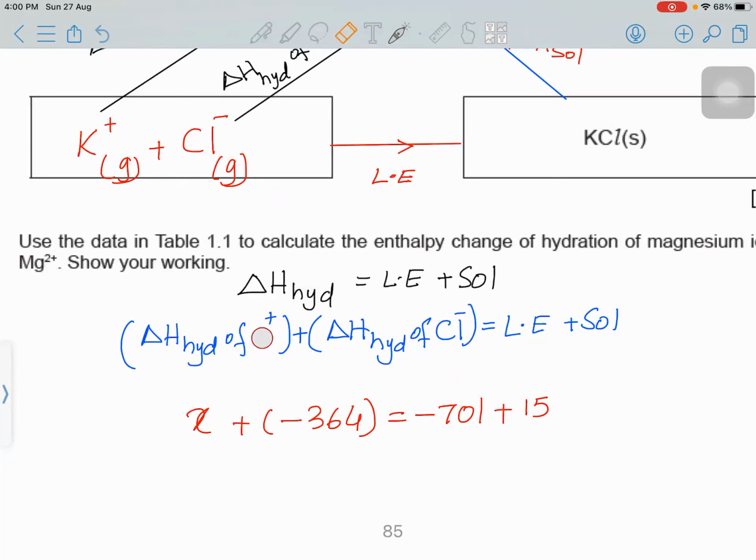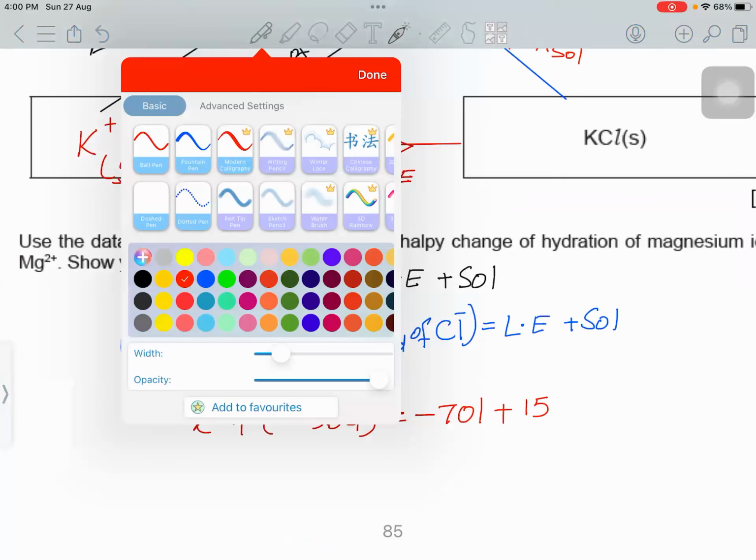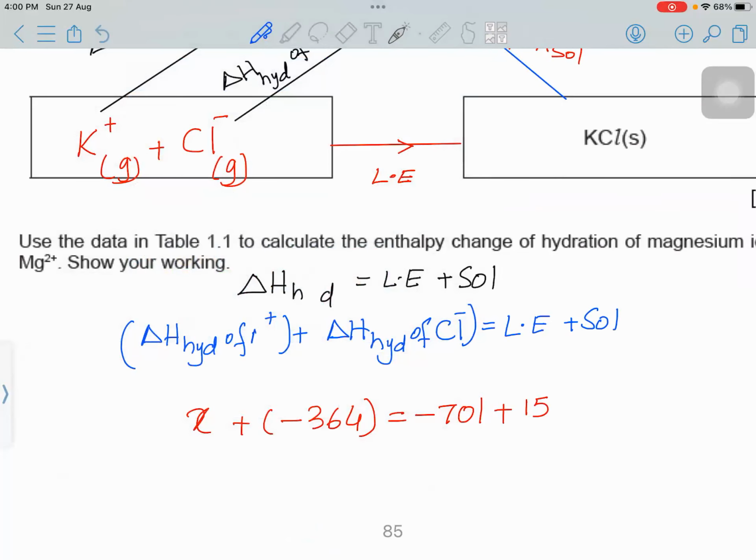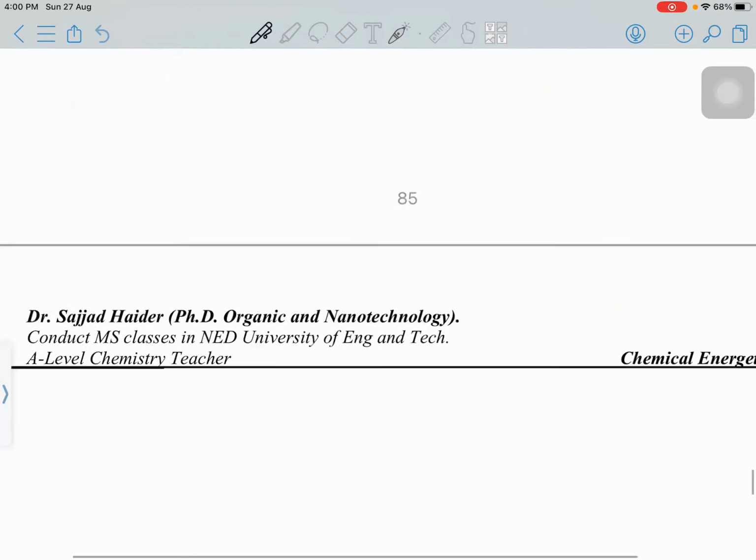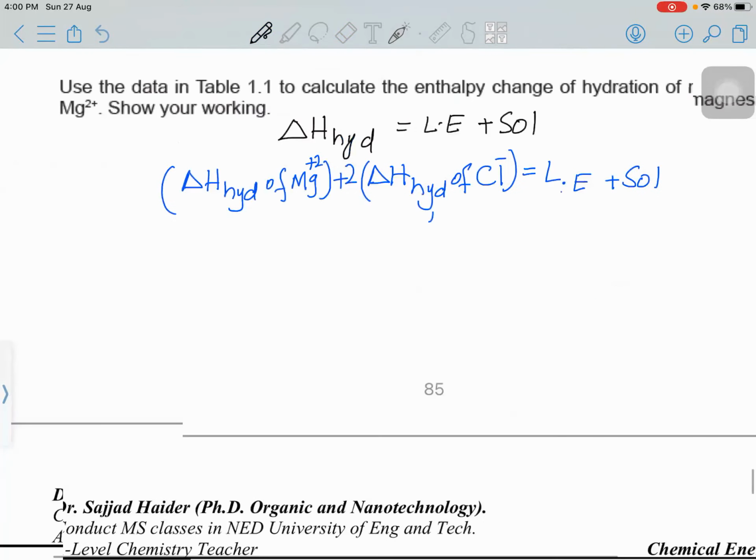So here we have magnesium plus 2 and 2 times the hydration of chlorine. Now tell me the value of hydration of magnesium. I think hydration of magnesium is required.